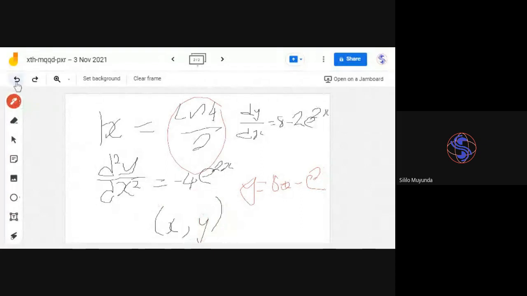Then part 2 is asking us to determine whether this point is a local minimum or a maximum point. There are several methods you can use. One method is to find the second derivative, which we've said is this.